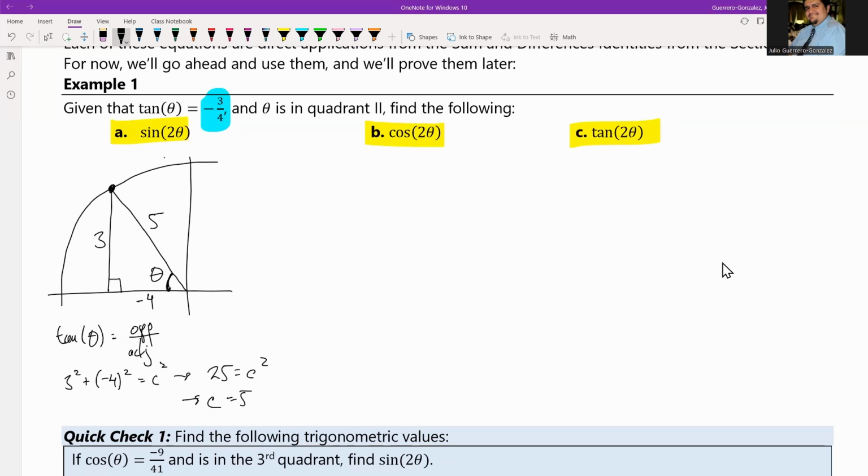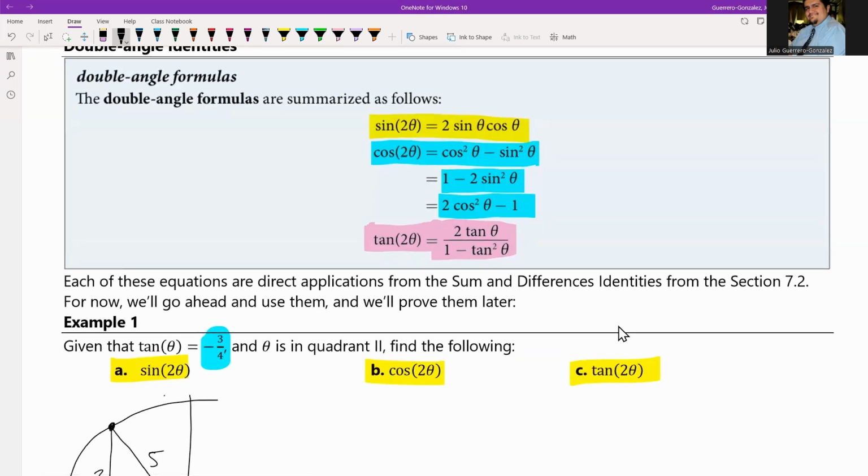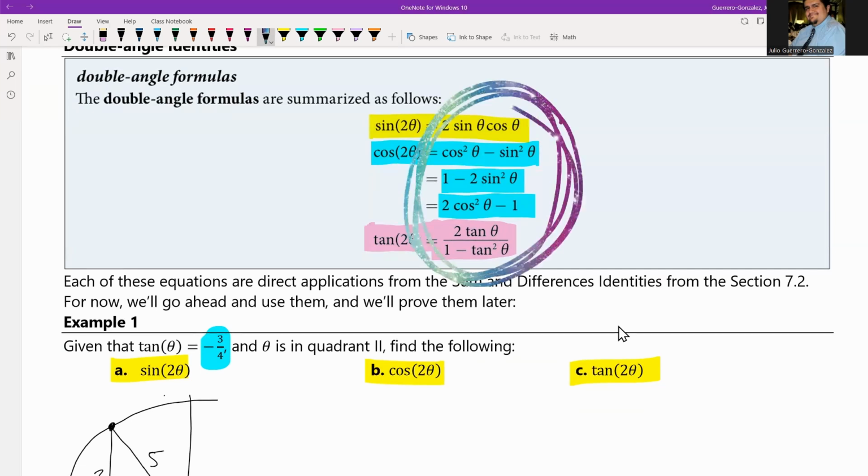Okay? So you guys are like, okay, that's great. That's cool. How do we find these things, right? So let me scroll back up to our formulas. The sine of 2 theta, cosine of 2 theta, tangent of 2 theta, right? If you look over here, these are all just theta, not 2 theta.